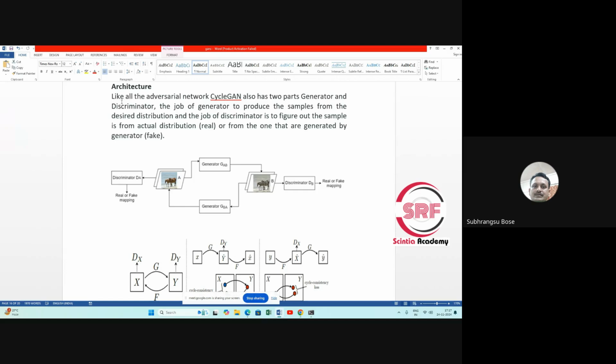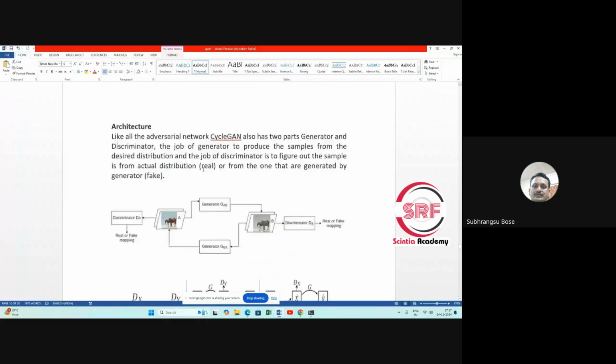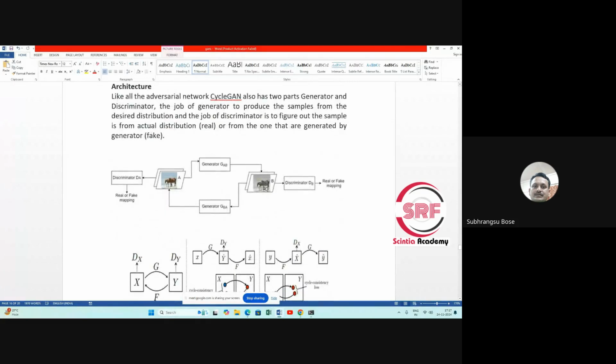Same, but there are some differences. The generator is very important in this case. A to B transfer is generator GAB, and B to A transfer is generator GBA. Just see this diagram: horse to zebra or zebra to horse.